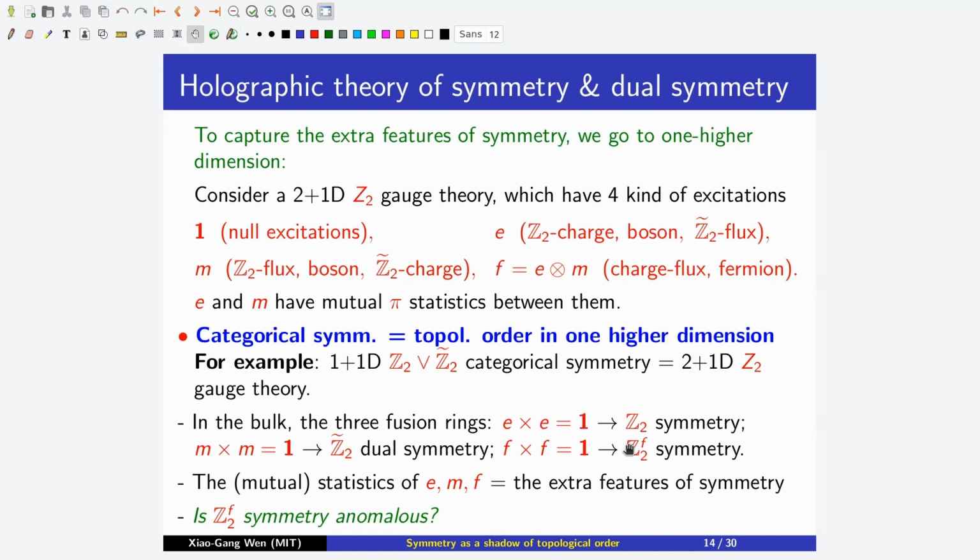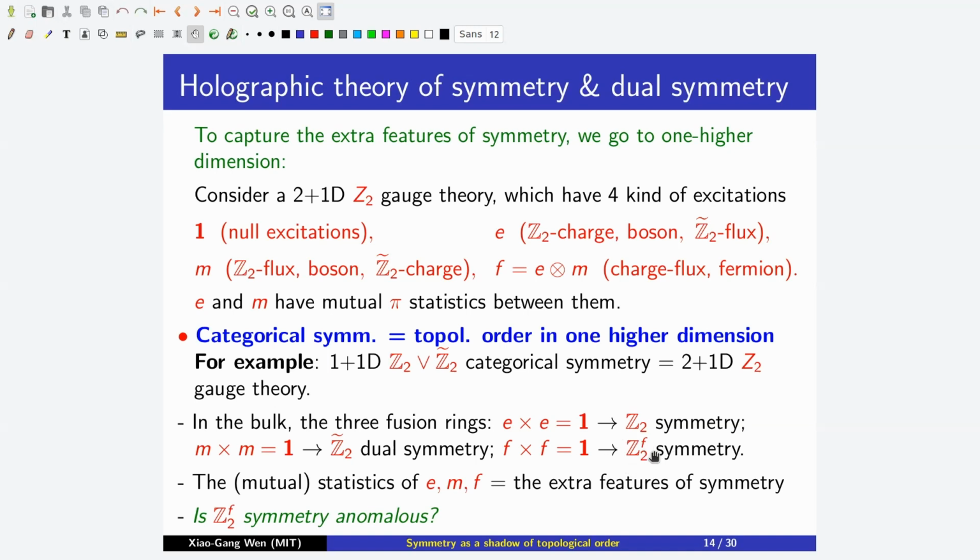Yes. What does anomaly mean in this context? Okay, I don't know. So anomaly, I think the definition here I use is that it is not gaugeable. It's approximate gauging, but that's still not quite right.